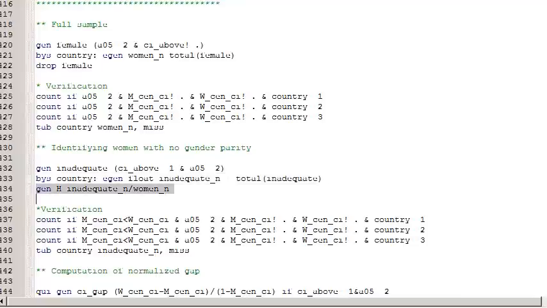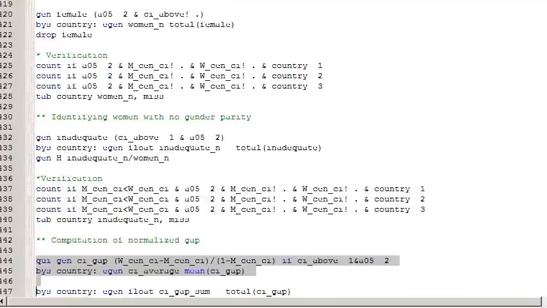So it gives me the proportion of women in that country, of our sample, that live in households without gender parity. Then we compute the normalized gap between the women's censored inadequacy count and the men's censored inadequacy count. Then by country, we compute the average gap.